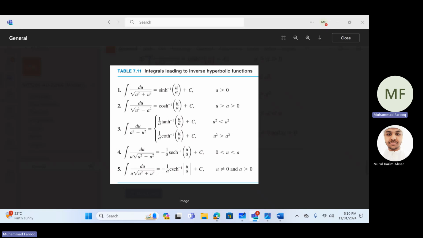Here, as an answer you get sine inverse hyperbolic, secant inverse hyperbolic. This formula sheet will be provided to you.